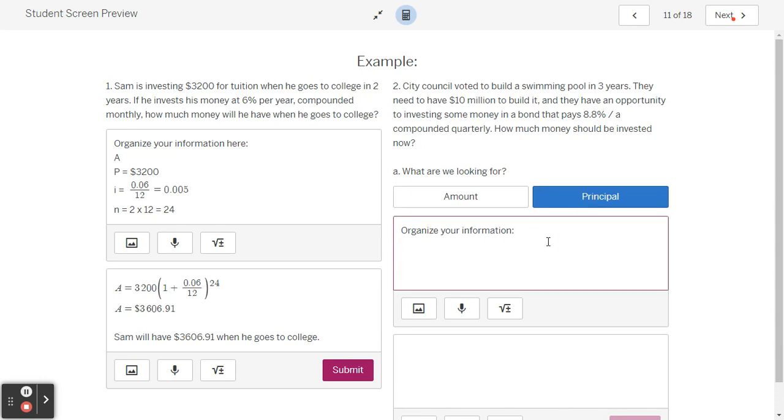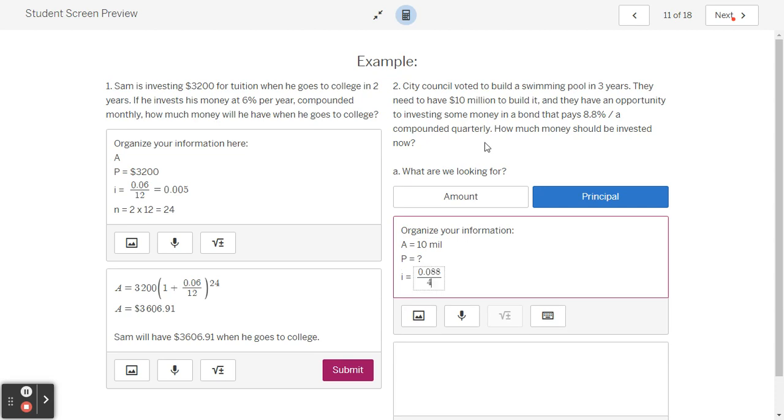Now let's organize the information that we have. We know that A is 10 million. Principal is unknown. Interest as a decimal is 0.088, but because it's compounded quarterly, I need to divide by 4 because our 8.8% is spread out over 4 payments in a year.